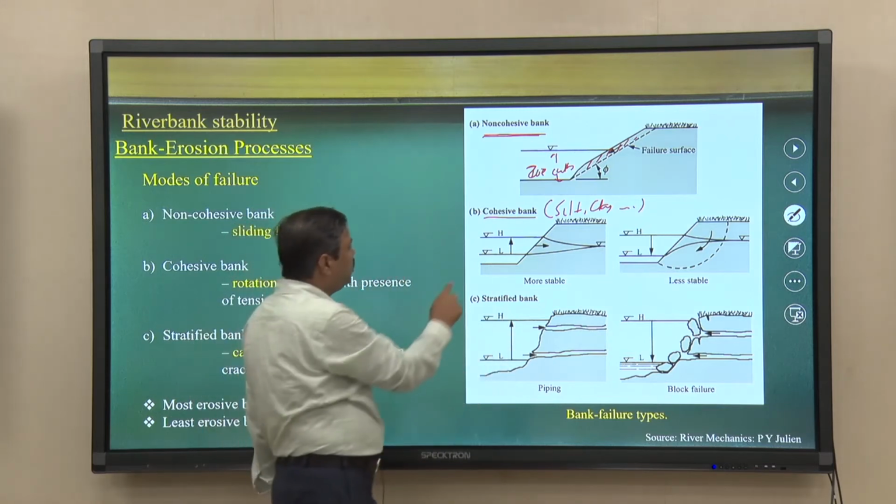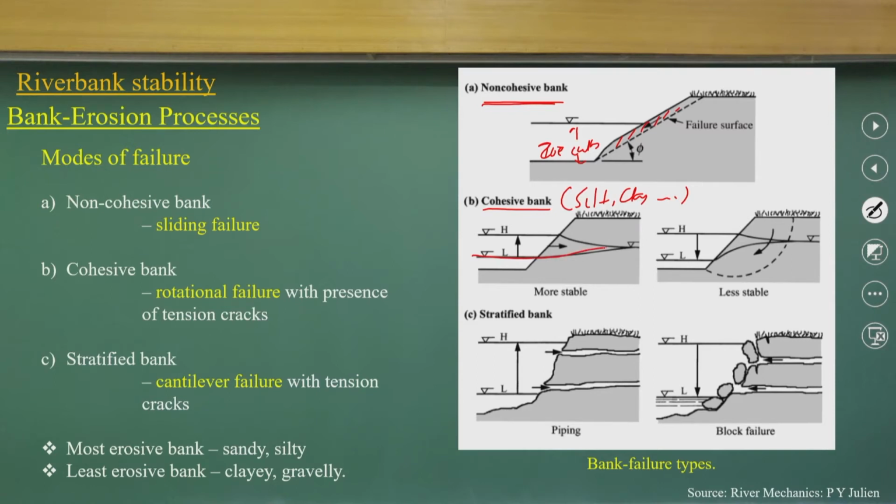When you have a low flow, if you look at these figures, as it goes to high flow, your groundwater table will increase. The water will go from the river to the bank. Water will be shifted into the river bank.